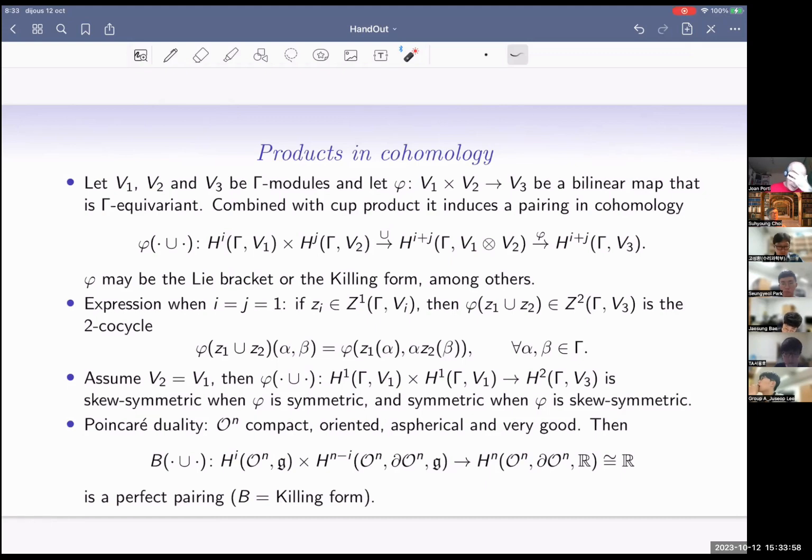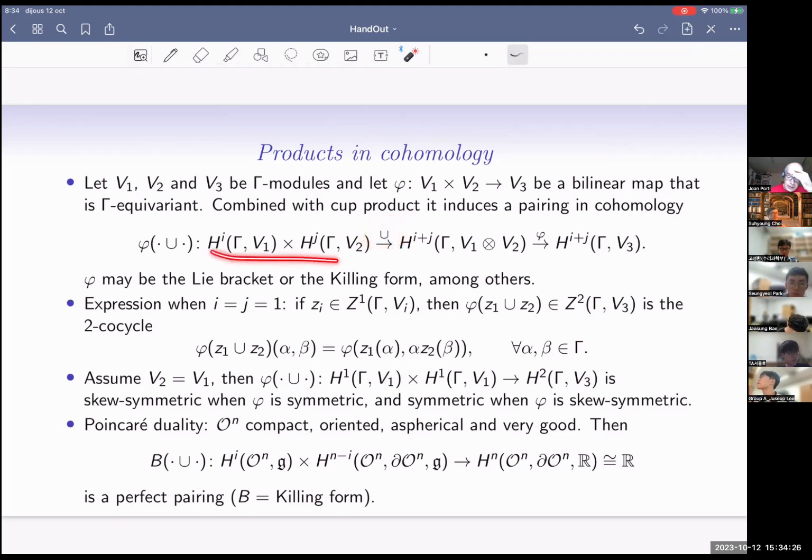And there is something I need to talk about, which is a little bit technical: the products in cohomology. And I work with products in terms of groups. In terms of groups, it means we have a cup product. If you are not happy with groups, just think of the standard cup product for manifolds. Okay.